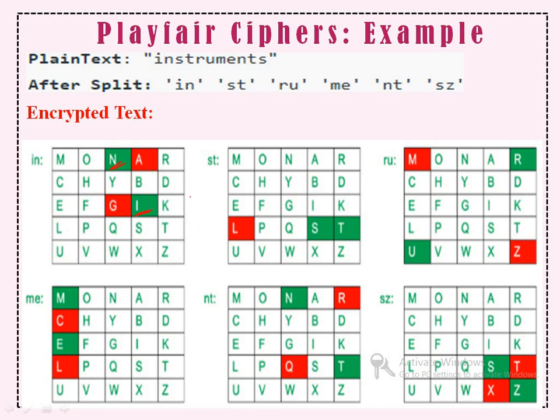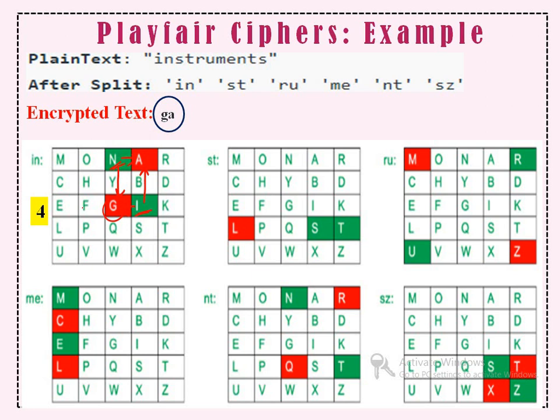So we go this way from I, and from N we come down like this, and we get a G. GA forms the first encrypted pair. Rule number 4 is applied, and that's why the 4 is mentioned over there.